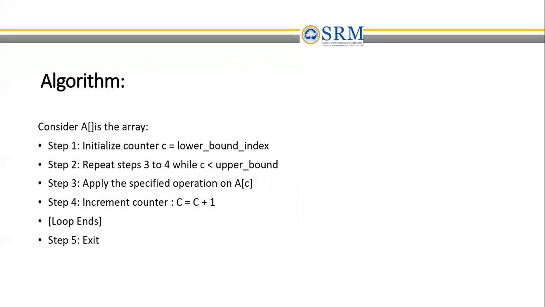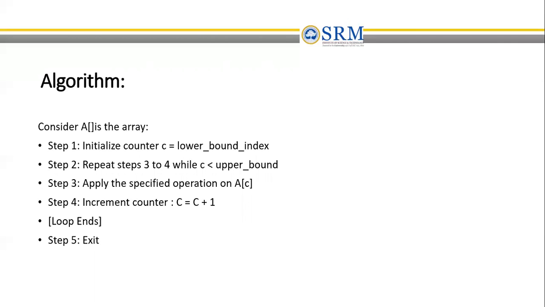The general algorithm is that initially you have to provide the lower index, your array index, which will normally be 0. Then you compare the counter till your upper index, maybe the number of elements. If you have 5 elements, you are taking from 0 to n minus 1, so 0 to 4. That will be the total count of 5.